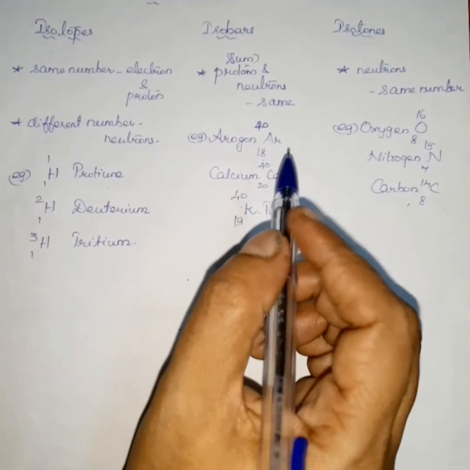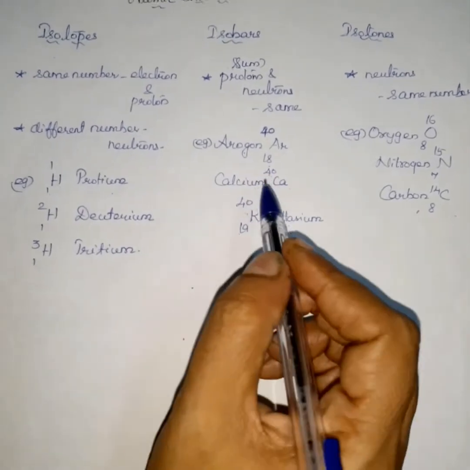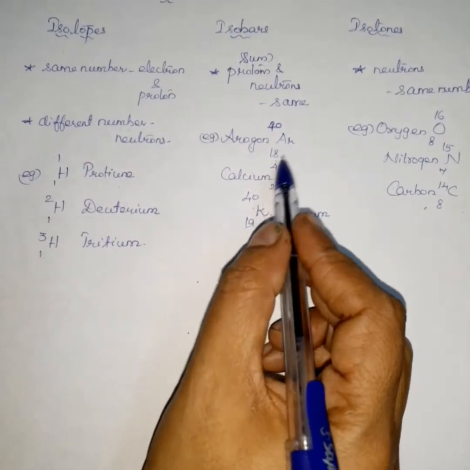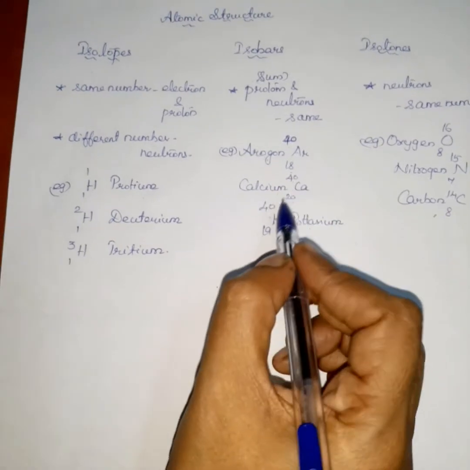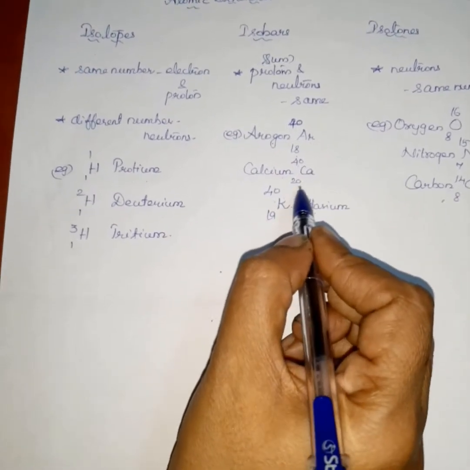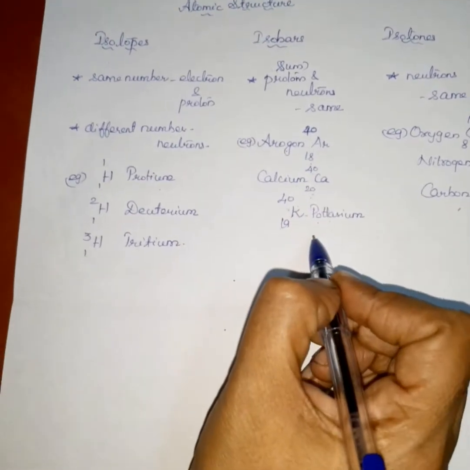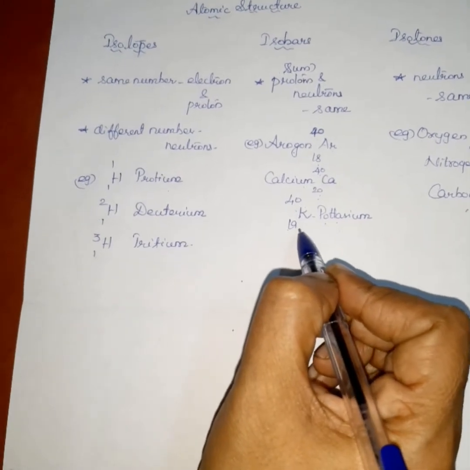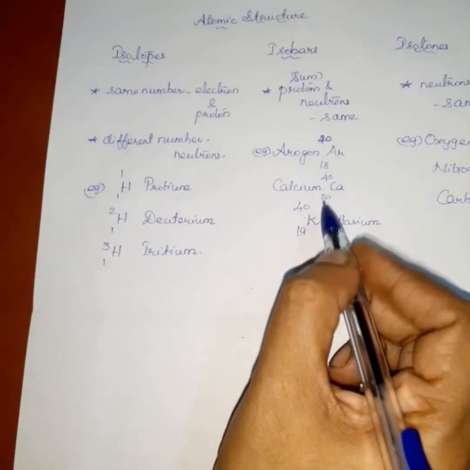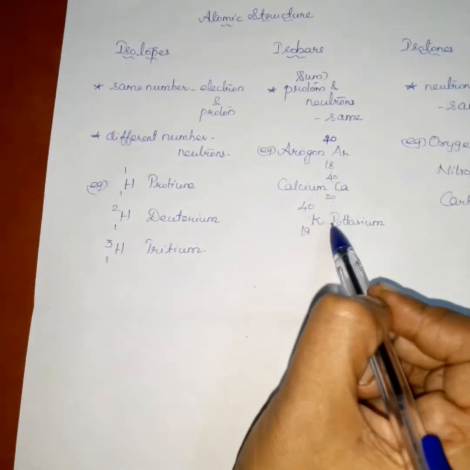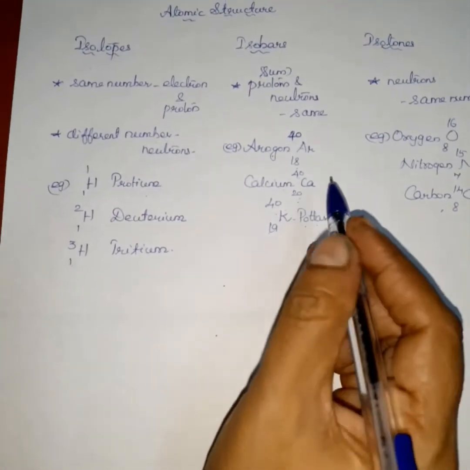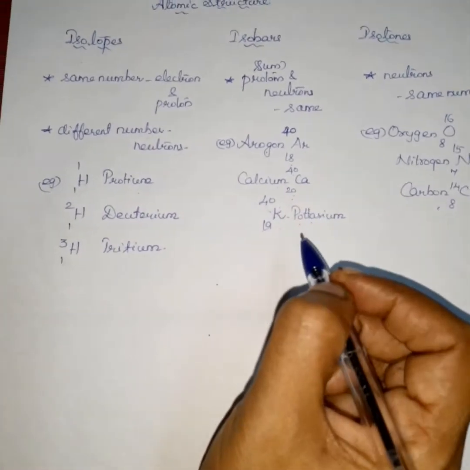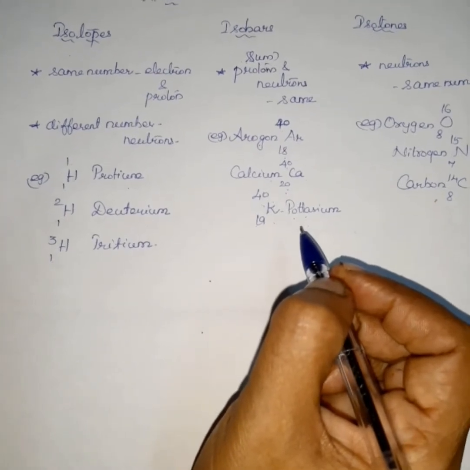Three examples are there. First one, argon, Ar-18-40. Next one, calcium, Ca-20-40. Next one, potassium, K-19-40. Here, argon, calcium and potassium are the isobars because they have the same mass number.